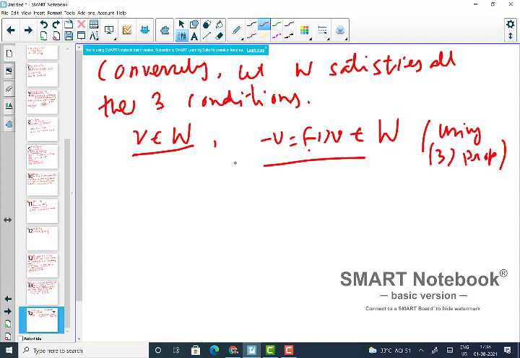With that, we can easily conclude that the condition for something to be a vector subspace is equivalent to saying that it has three properties. One is that the zero element of the original vector space is an element of it, and it is closed under addition and closed under scalar multiplication. Then it is called a vector subspace. Okay.